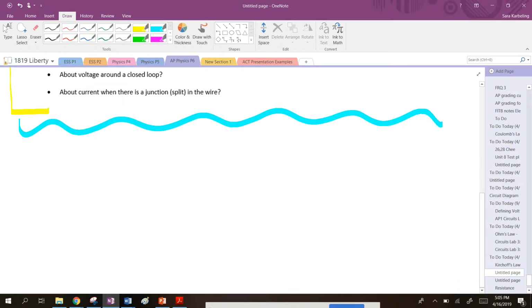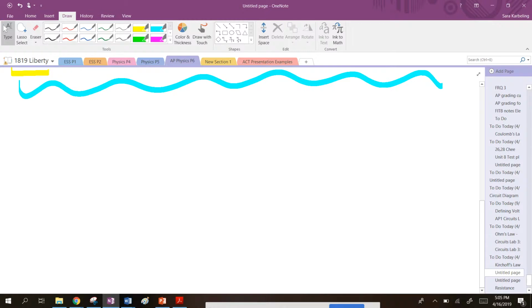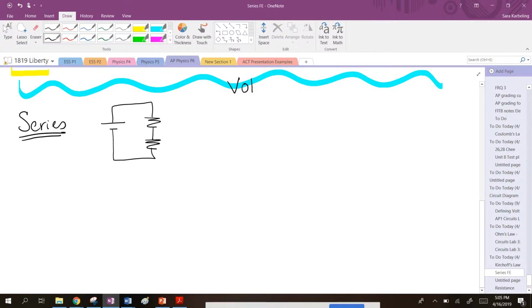All right, so hopefully now you're feeling good about that. I want to tell you what I'm hoping that you saw, and that is that in a series circuit, if I draw that circuit, so I've got a battery, I've got a couple of resistors, and I have them in series, and I look at my voltage, I hope what you noticed is that if you measure the voltage across here, I'm going to call that VA.